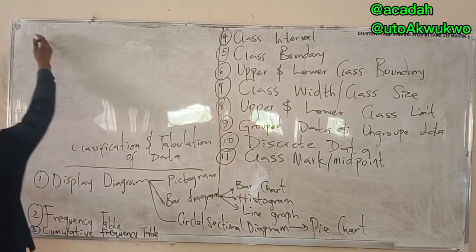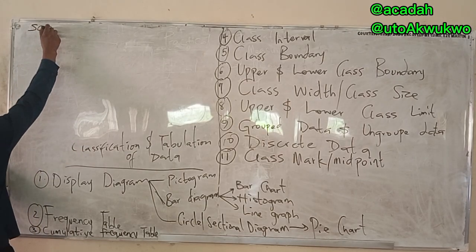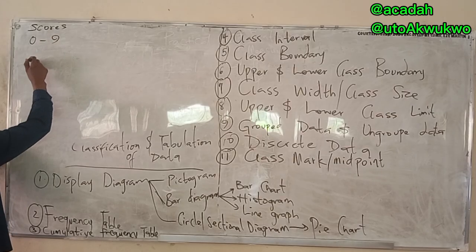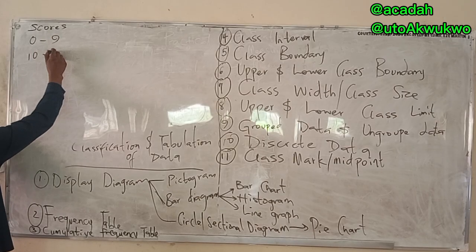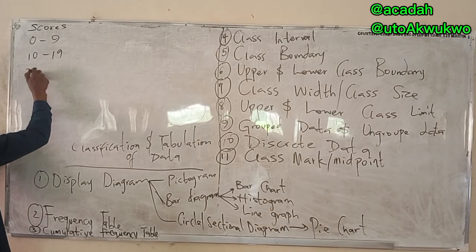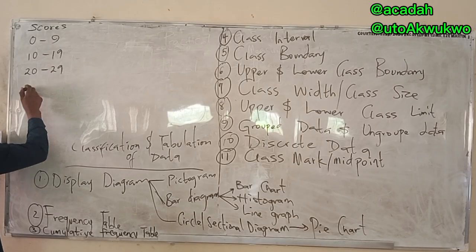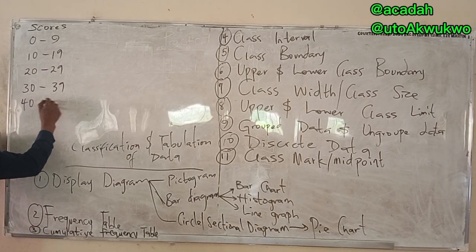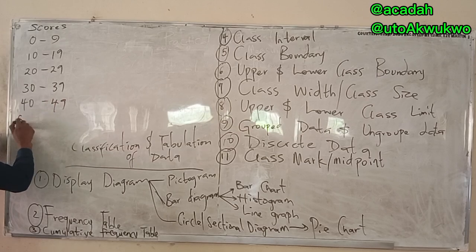See what I have. I am given scores. I have 0 to 9, I have 10 to 19, I have 20 to 29, I have 30 to 39, I have 40 to 49, and I have 50 to 59.